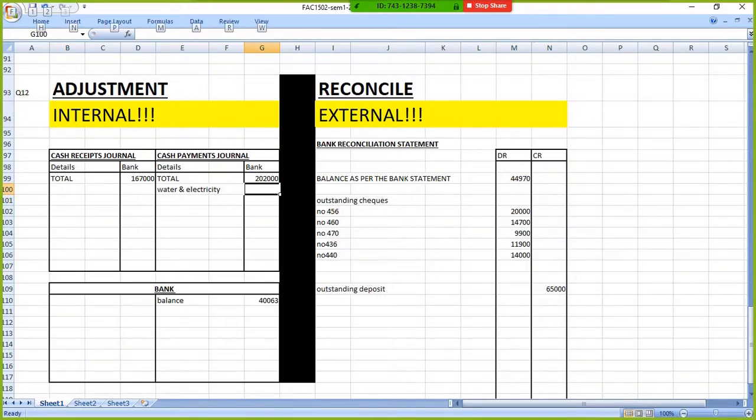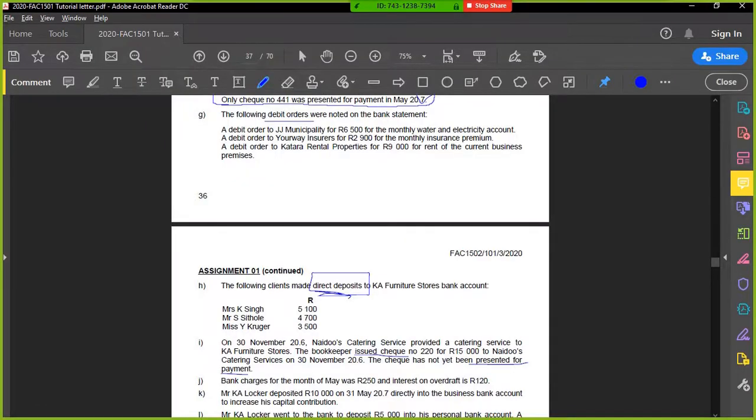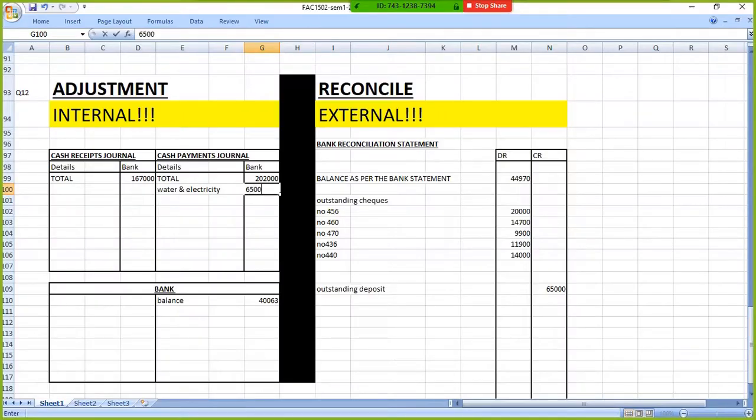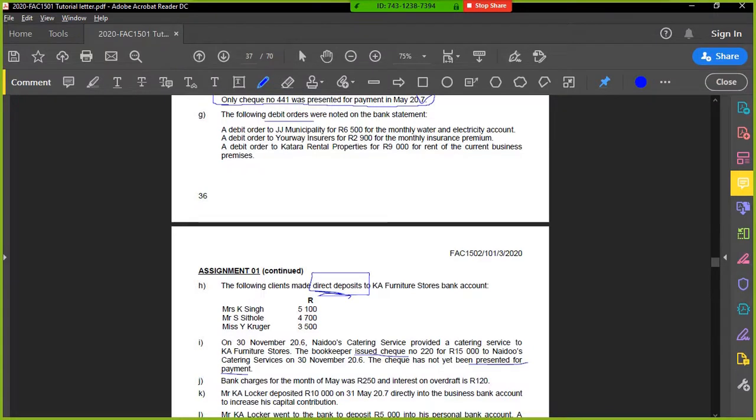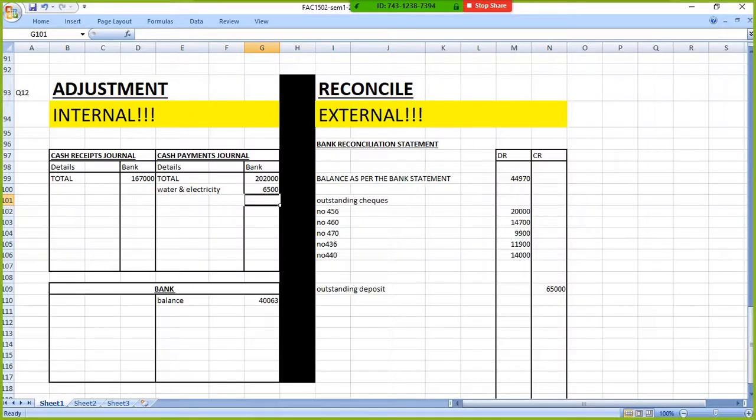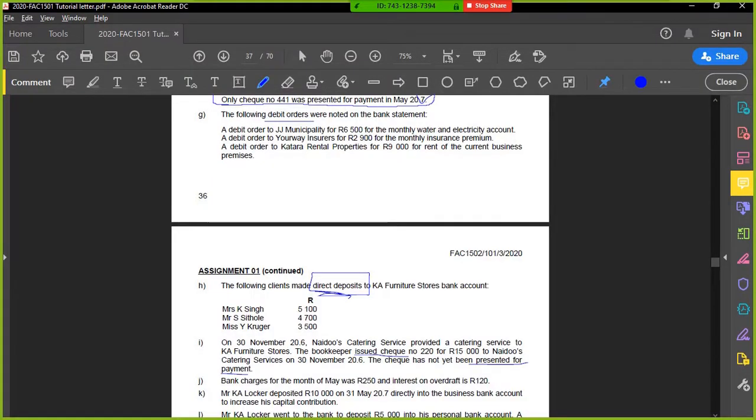How much was it? 6.5. Debit order for the insurers, 2.9. Another payment, adjust. Not in our books, on the bank statement, adjust. Debit order for the rent, 9,000.